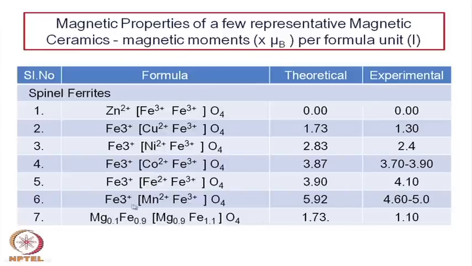Here it is Fe3 plus and manganese ferrite. So, once again it is the manganese ions' magnetic moment which gets reflected here, which is the maximum because this is 3d5. Now, there are many solid solutions here.